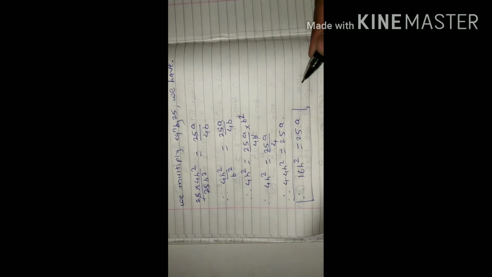Then taking the 4 across, 4 into 4h square is equal to 25a, that is 16h square is equal to 25a. Hence proved, this is the required condition.